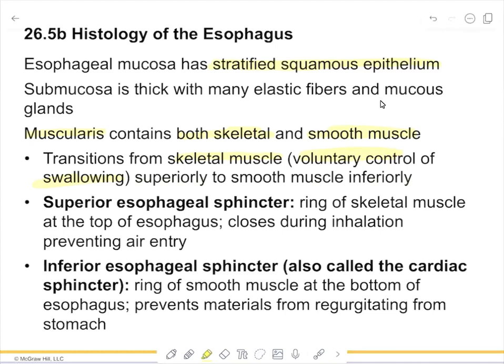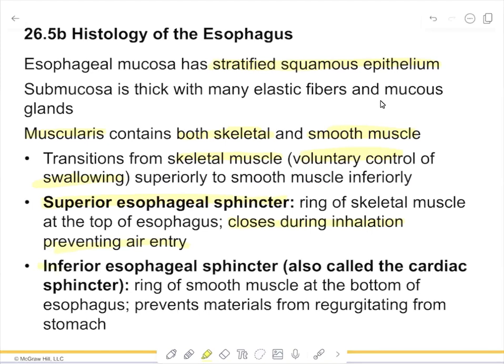So the superior esophageal sphincter is a ring of skeletal muscle at the top of the esophagus, and this closes during inhalation, preventing air from going into the esophagus.